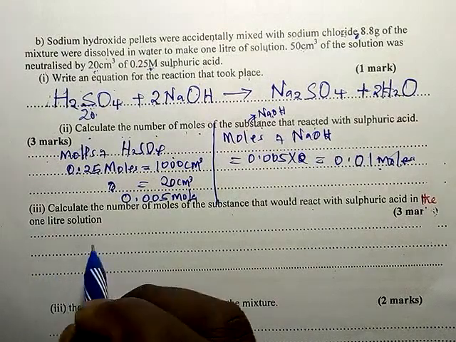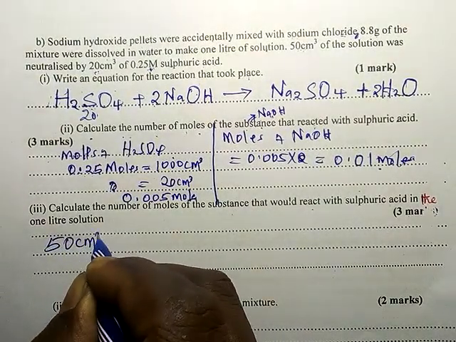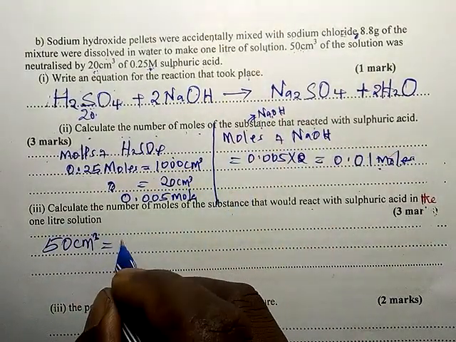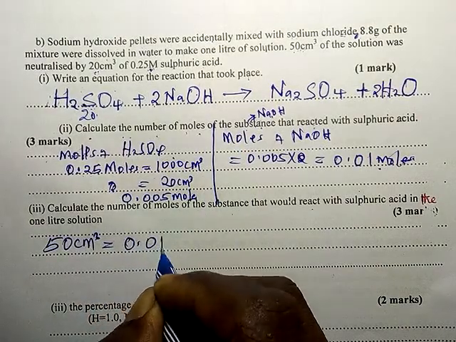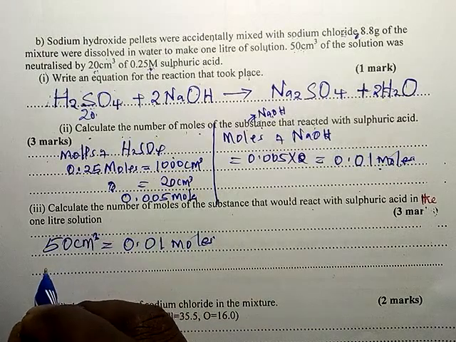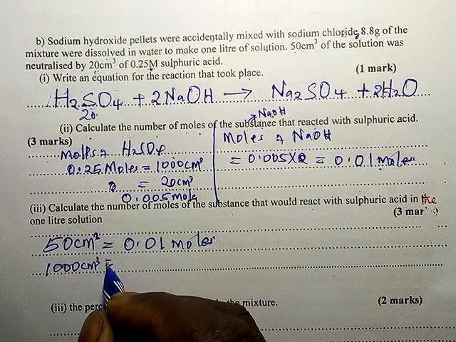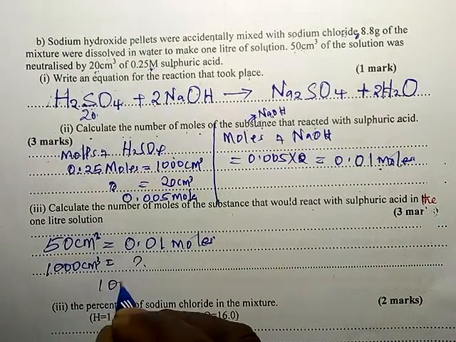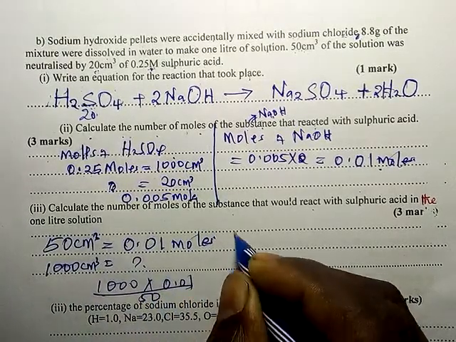So we will ask: the 50 cm³ we got of the mixture contains 0.01 moles. We will simply ask, 1,000 cm³ of that sodium hydroxide solution would contain how many moles? 1,000 times 0.01 divided by 50.